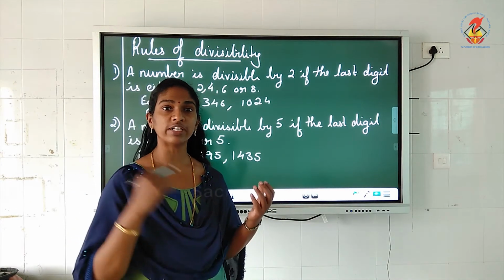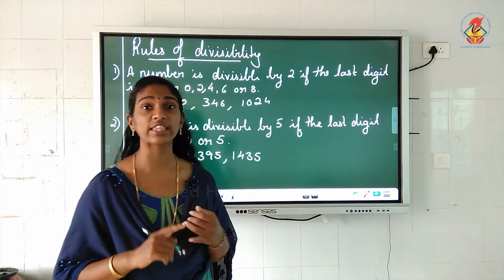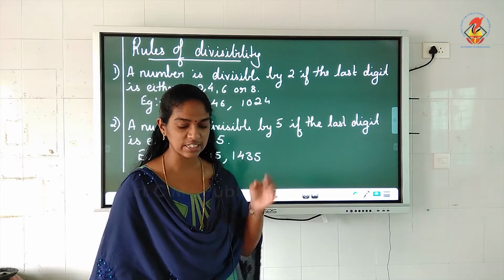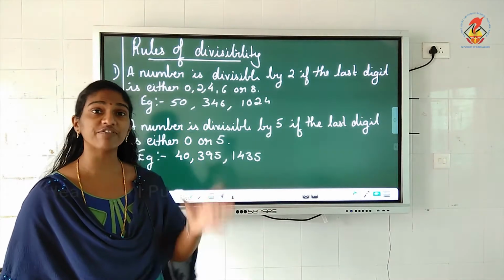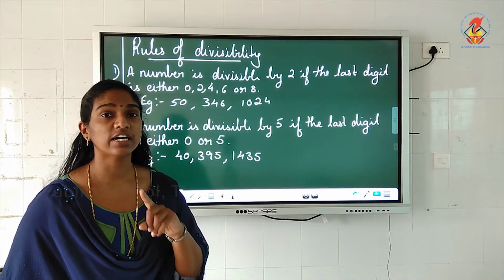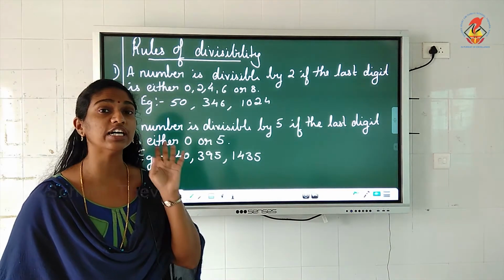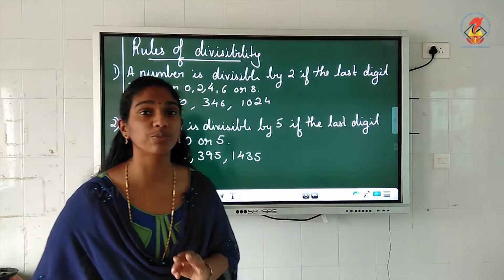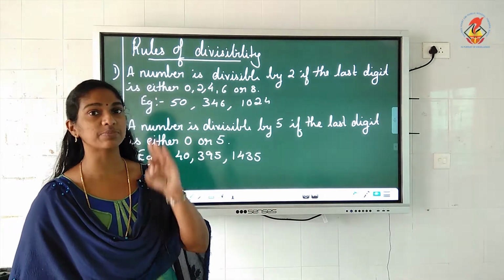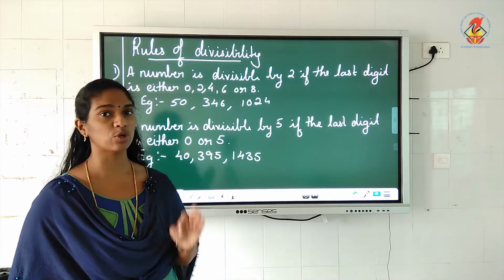What we do? We will divide by 2 and we will see whether we get the remainder 0. So divisibility is a condition in which when we divide a number, you get an answer without leaving a remainder. That is, the remainder should be 0. Then we can say that number is divisible.